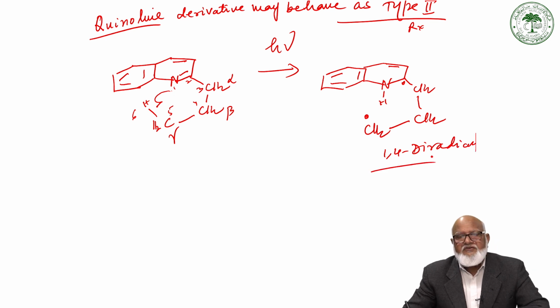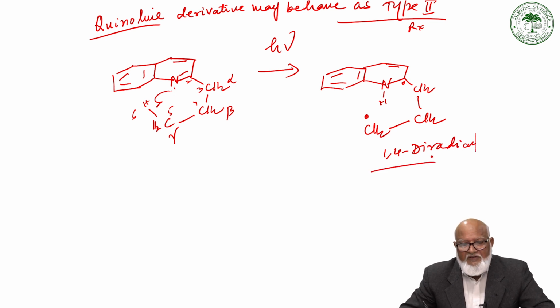This is a really interesting example because the C=N, as part of the ring system, behaves in the same way as the Norrish type 2 reaction.